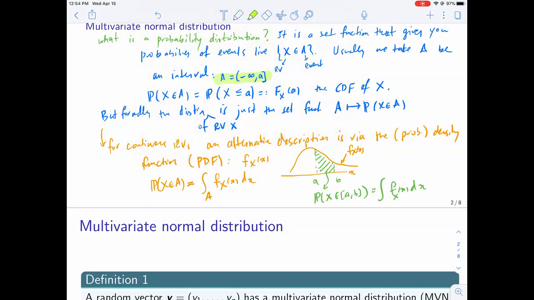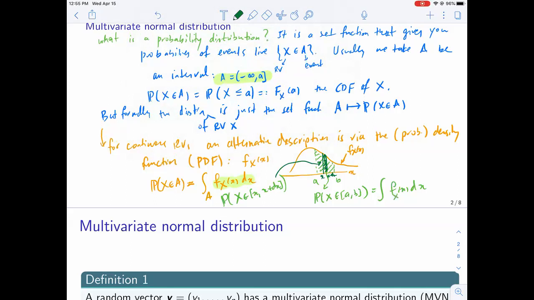In particular, f of x dx is the probability that X is in an infinitesimal interval between x and x plus dx. If I perturb x a little bit, I have a tiny interval there, and that is this probability. So I integrate these little probabilities, and I get the probability of an event.